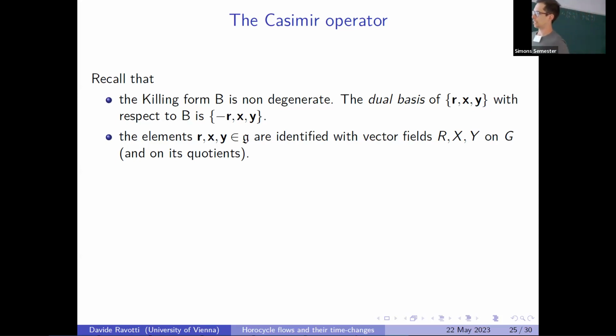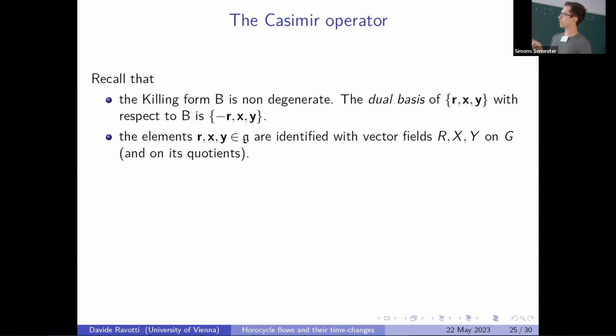And every time you have elements in the Lie algebra, they can be identified with vector fields. Last time I mentioned that I interpret vector fields as derivations. So when I write a vector field applied to a C1 function, I mean the derivative of that function in the direction of that vector.